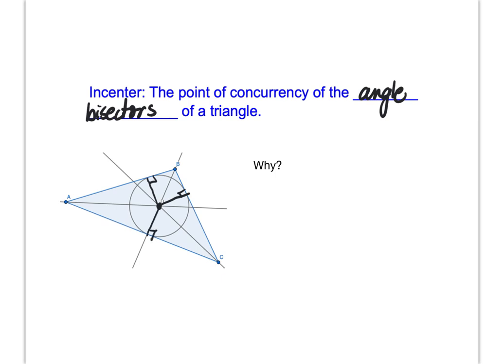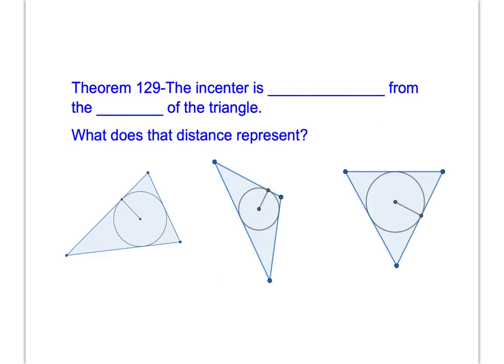All those segments are radii of the circle. So therefore, theorem 129 says the incenter is equidistant from the sides of the triangle. That distance represents the radius of the circle.